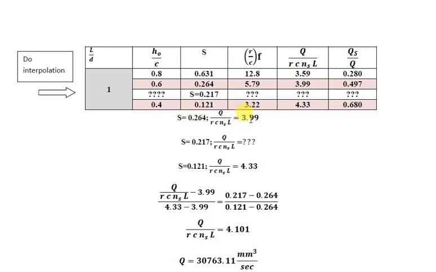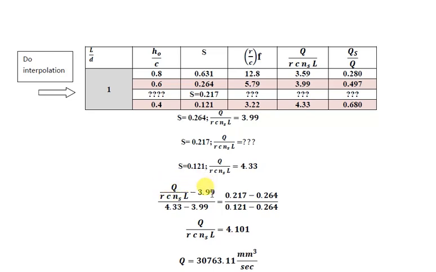Write down the upper values, the corresponding upper values are written here. Then lower values, S is equal to 0.121 and Q upon RCNSL is equal to 4.33. Then write down the intermediate value that we need to find out.